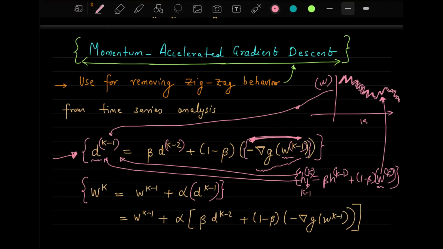Earlier it was minus the gradient of g at Wk minus 1, but now it is replaced by dk minus 1, which is this one, and this dk minus 1 is actually smoothing the step functions, the gradient fluctuations that you have in gradient descent. Using this expression, which we have already discussed, dk minus 1 will be smoothing out the fluctuations in the gradients, which is given over here.